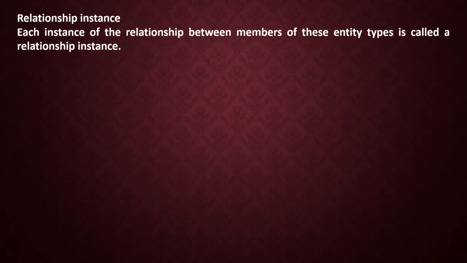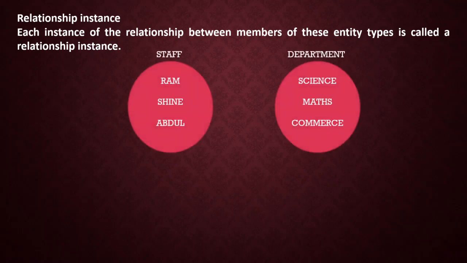Relationship instance. Each instance of a relationship between members of these entity types is called a relationship instance. So the relationship between an entity of a database with the other database is known as an entity instance. So here, staff and department are two databases.